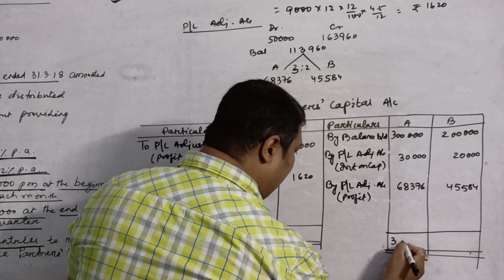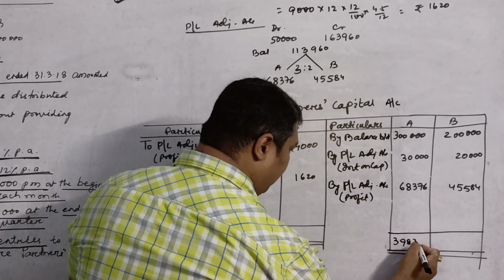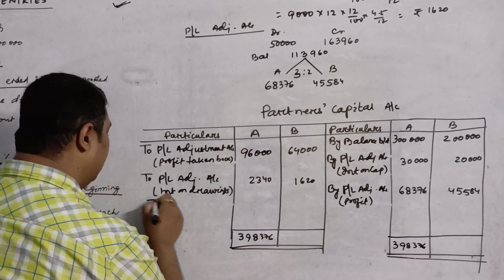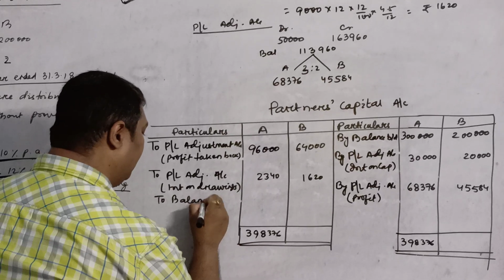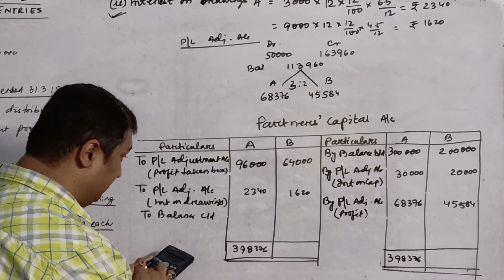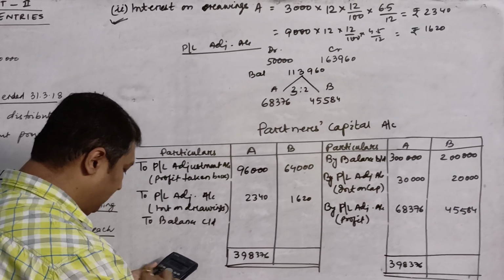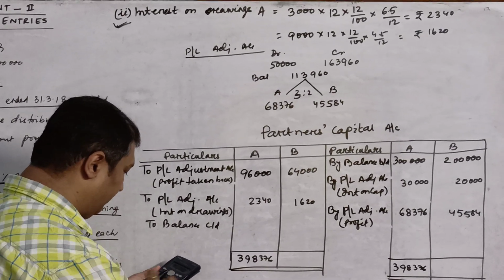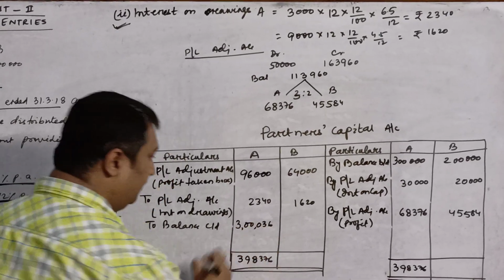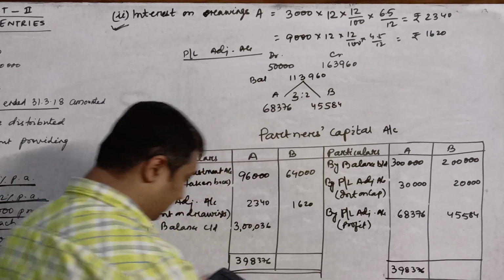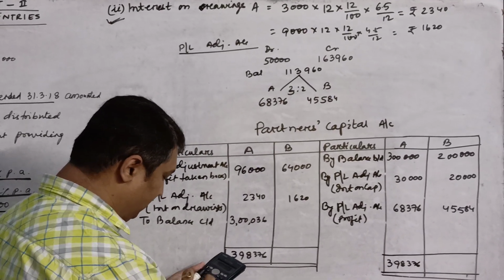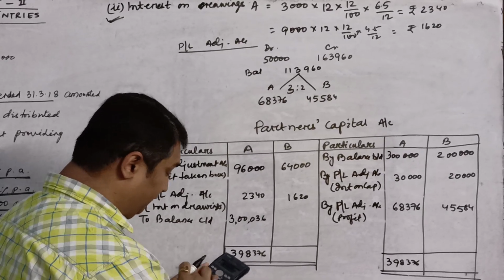The total is 3,98,376. 3,98,376 to balance carried down, minus 96,000, minus 2,340. Balance is 3,36,000. Similarly for B, the credit side is also greater: 2 lakh plus 20,000 plus 45,584.